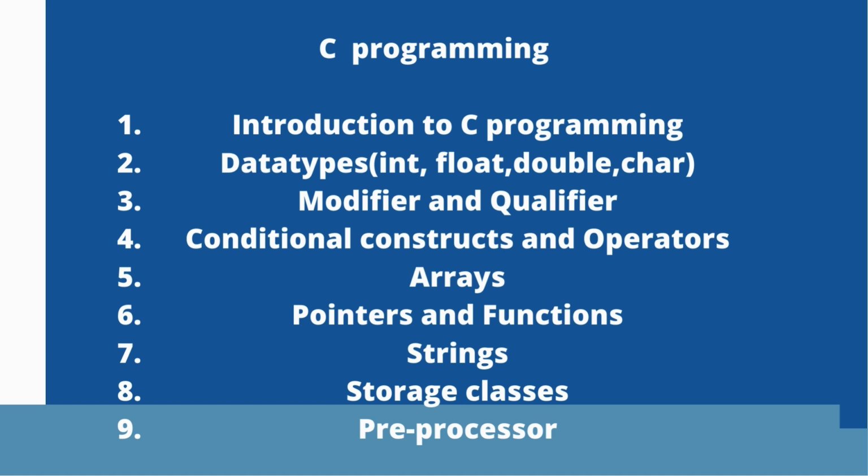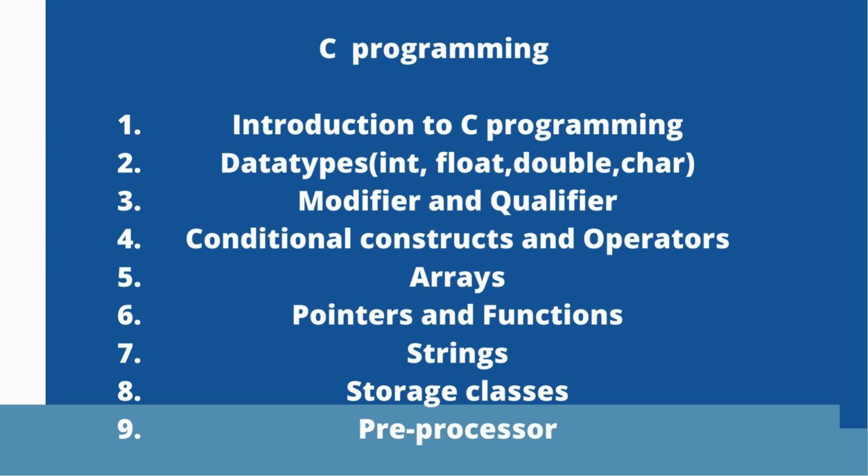So we learned about different types of storage classes like auto, register, static, etc. And the last one we learned about was the preprocessor. We also learned that it is a tool that processes your source code before compilation. So this handles the directives of macros, file inclusion, and conditional compilation.